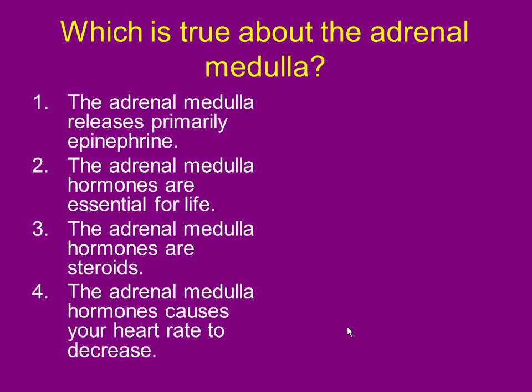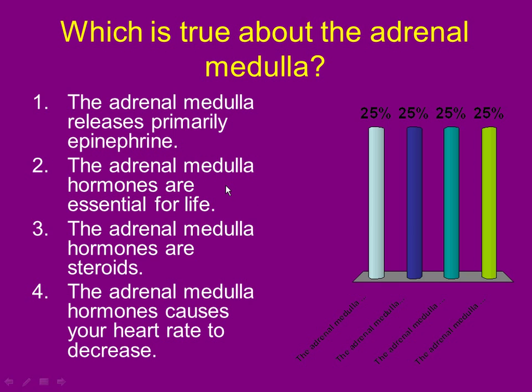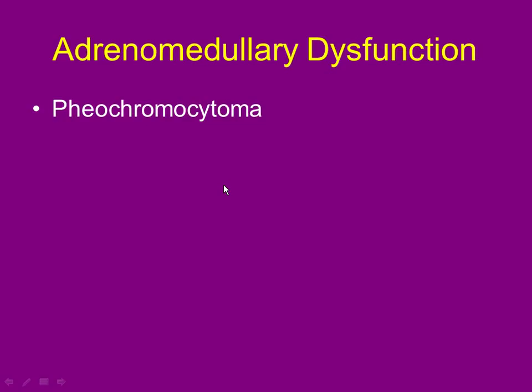Number 1, the adrenal medulla releases primarily epinephrine. True. To a lesser extent, it releases norepinephrine. And then the disease, this is really rare. It's called pheochromocytoma. What's a toma? It's a tumor, right?